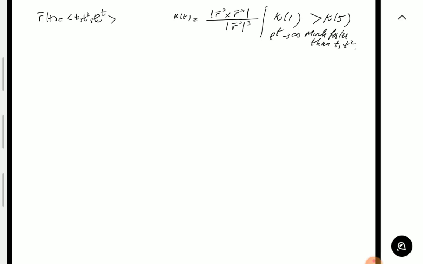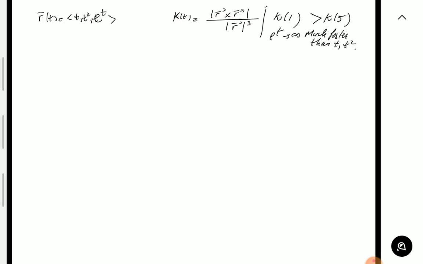So that means this curve is basically nearly a straight line the larger the t is. What does it mean in terms of the curvature? Nearly a straight line means very little turn corresponding to the distance traveled on the curve. So for any larger t, I should expect lower and lower curvatures at those points.